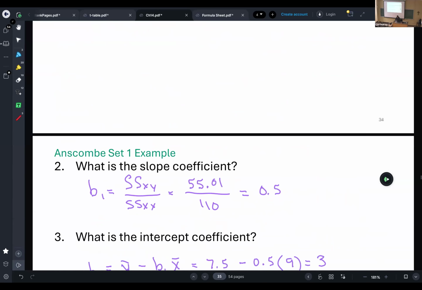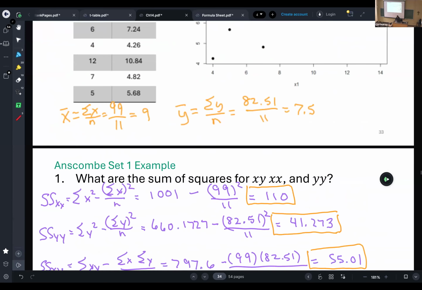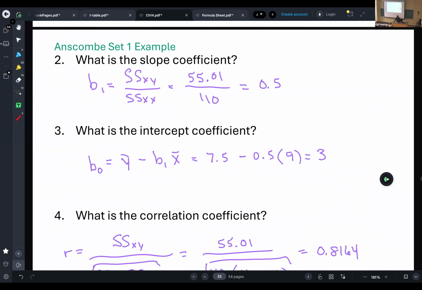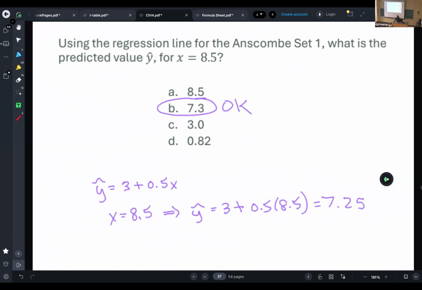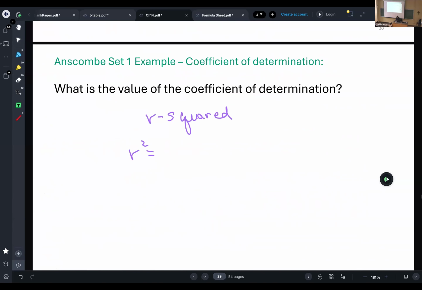Did we calculate R? Right here, 0.8164. So let's square that. What do you guys get? 0.8164 squared.